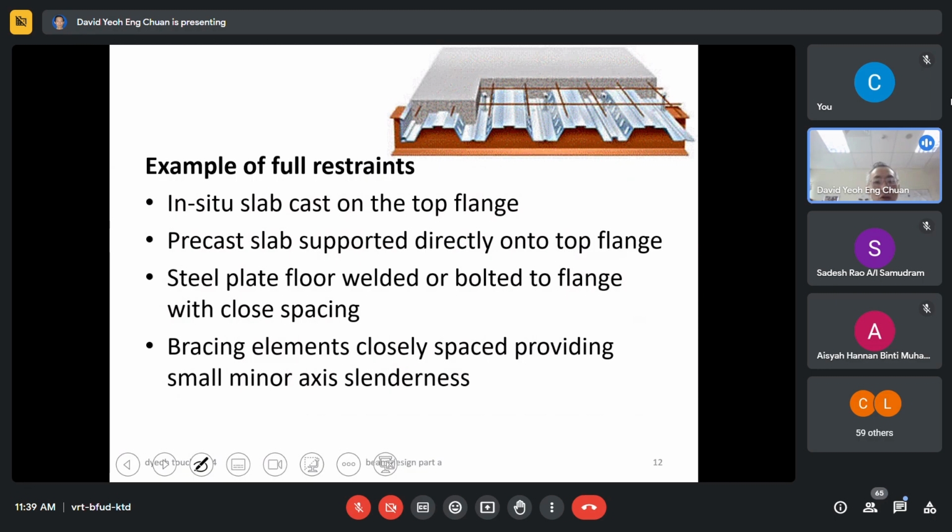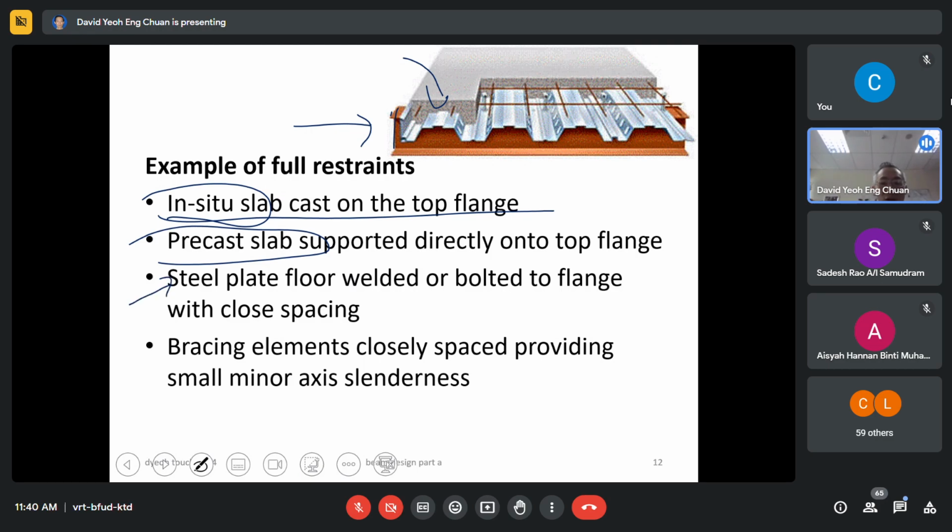So examples of full restraint: cast in situ. Okay, we can pour, you see the picture on the top, you pour the concrete on the upper side. Okay, there's a cast in situ. Precast, we've talked about it just now.